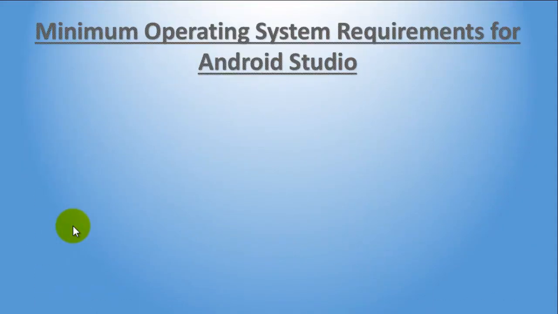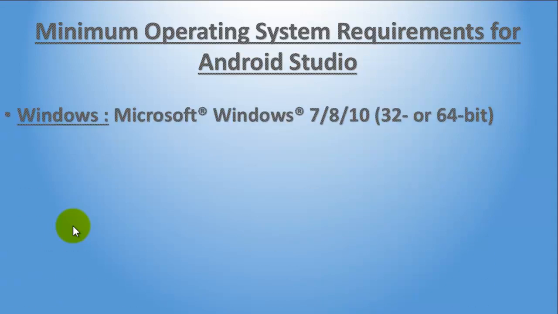The next one is, what is the minimum operating system requirement for Android Studio? When it comes to Windows, you need at least Windows 7 or later versions. It can be 32 or 64-bit. Obviously, Windows XP is not supported to install Android Studio.